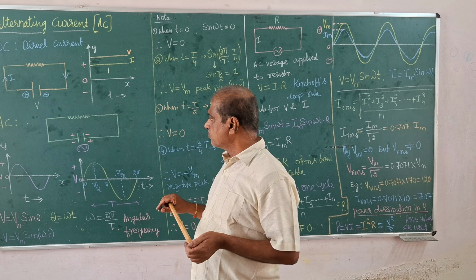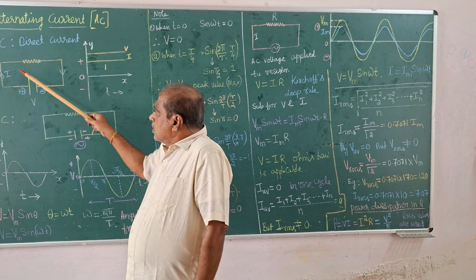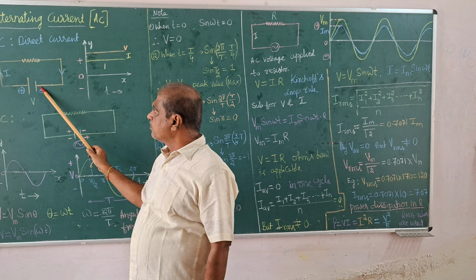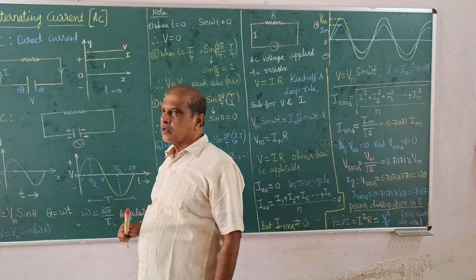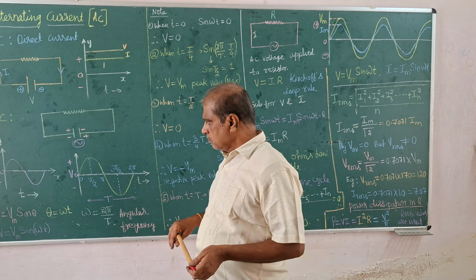That's an interesting point. With the polarities remaining constant in DC, what difference do you find in the flow of current and the voltage that you apply in the circuit? The current always flows in one direction all the time, and the voltage direction, that is the direction of EMF, remains the same.